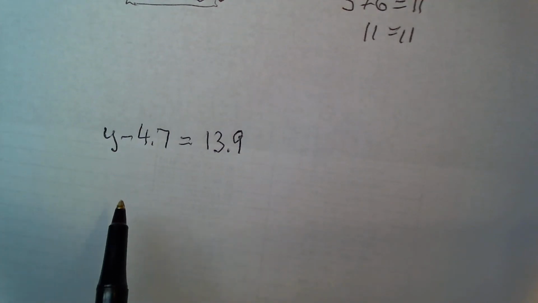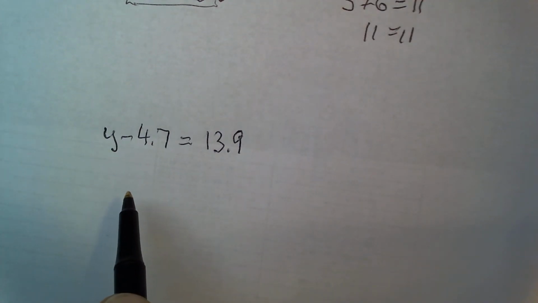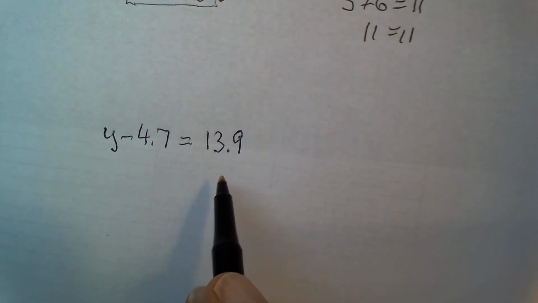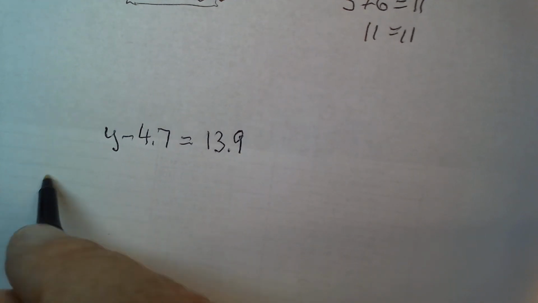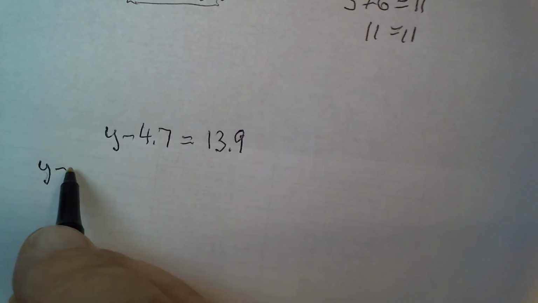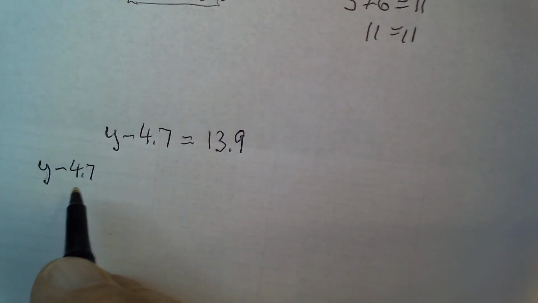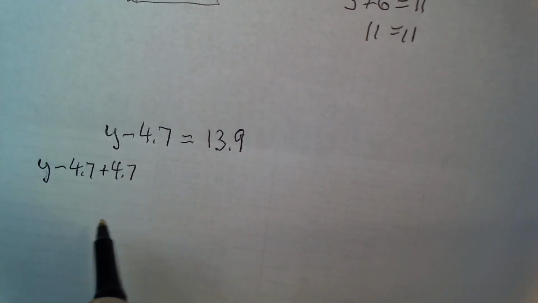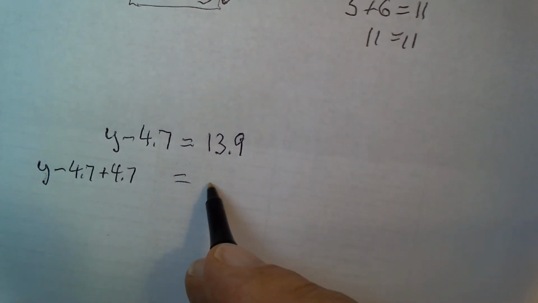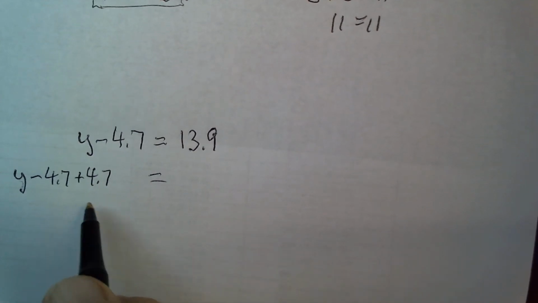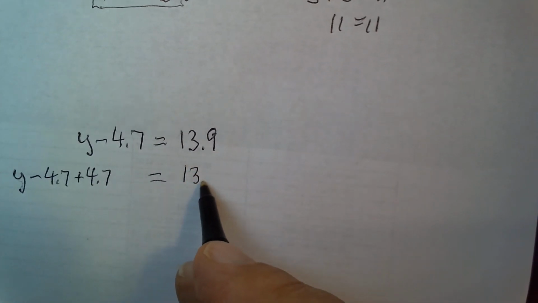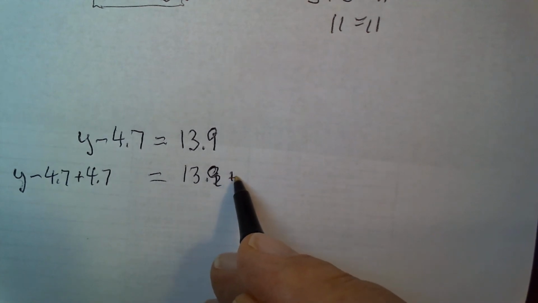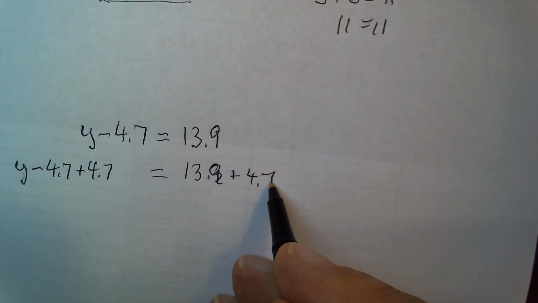So let's look at an example that involves decimals. y minus 4.7 equals 13.9. So here in this case, we want to add 4.7 to both sides, because we know that minus 4.7 plus 4.7 is 0. So on the left side we add 4.7, and we do it on the right side, 13.9 plus 4.7.